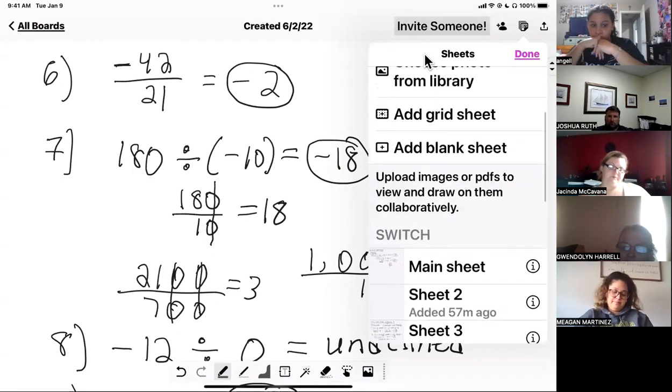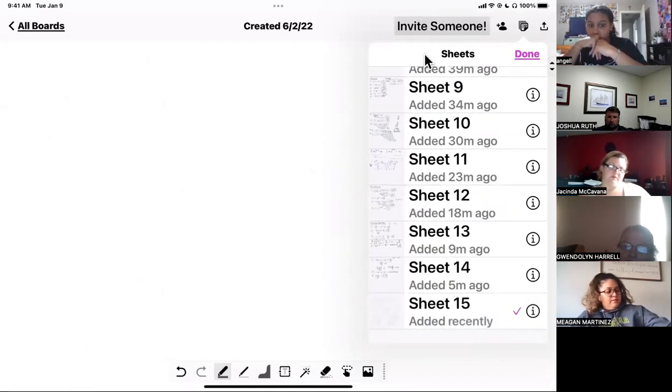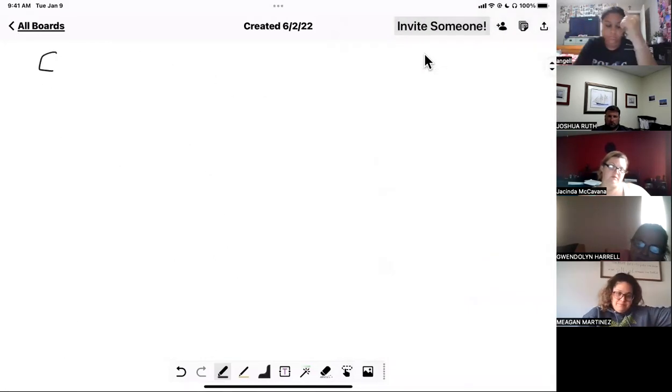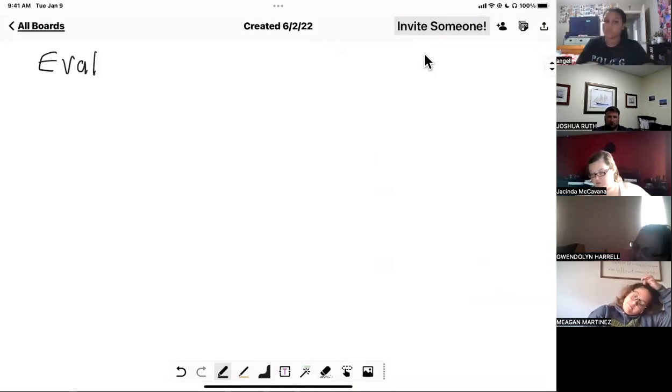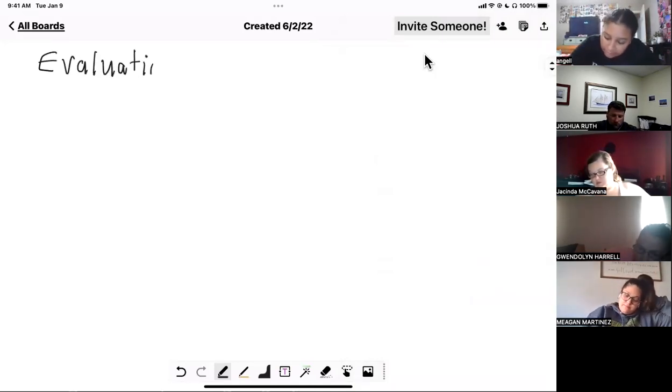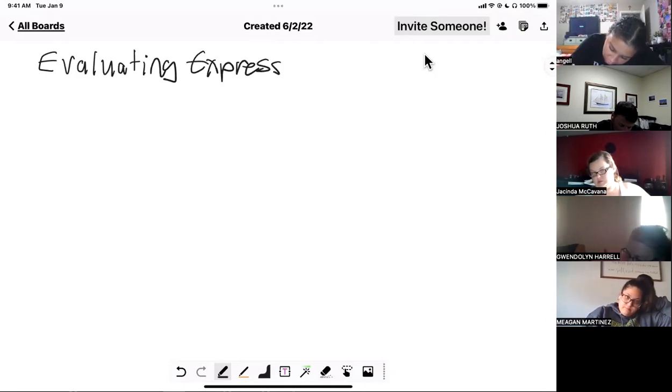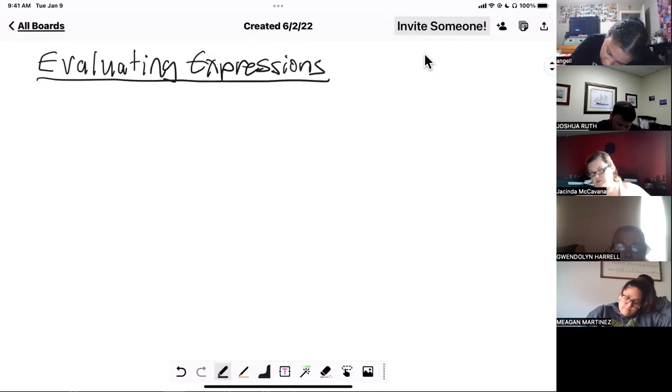So evaluating, we did it earlier with adding, subtracting. Evaluating, simplifying expressions. But this is just multiplying, dividing. Okay, so the directions for all of them is evaluate.